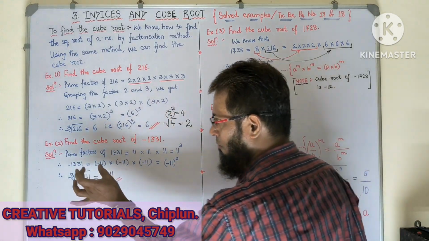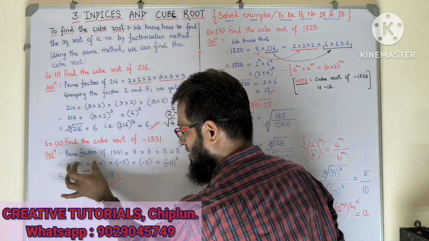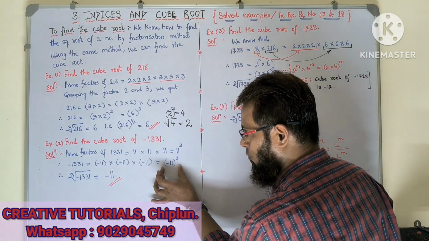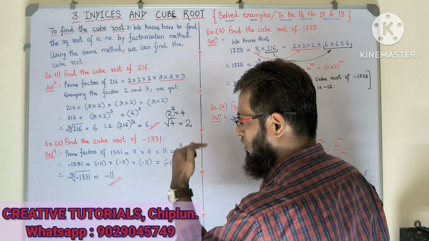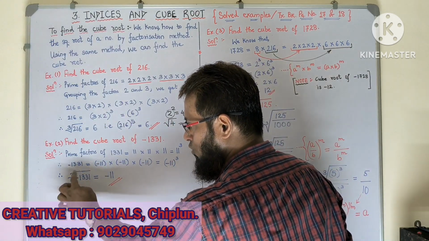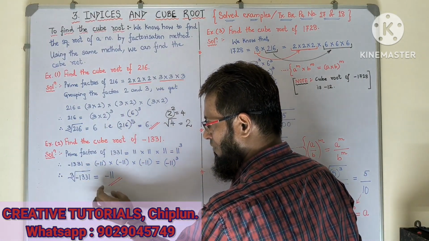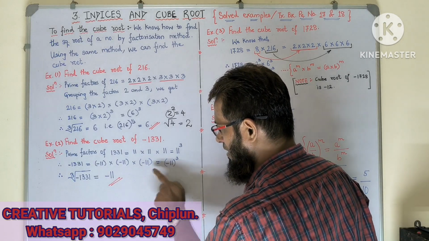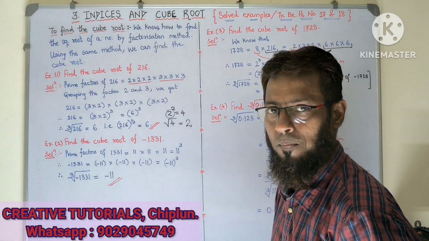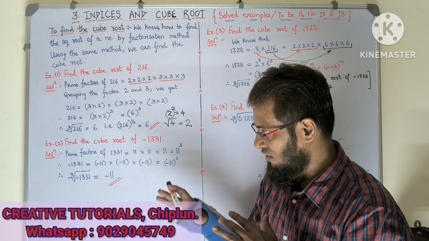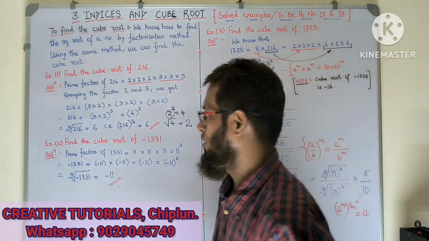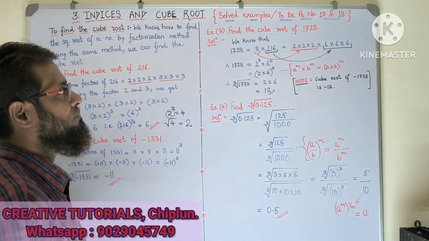So minus 1331 is equal to minus 11 the whole cube. Therefore this 3 when it goes on that side it becomes cube root. So cube root of minus 1331 is this number minus 11 which is there inside. I hope that even this question is clear. Good.